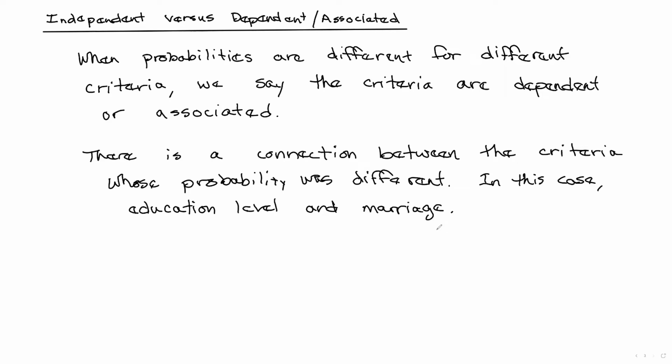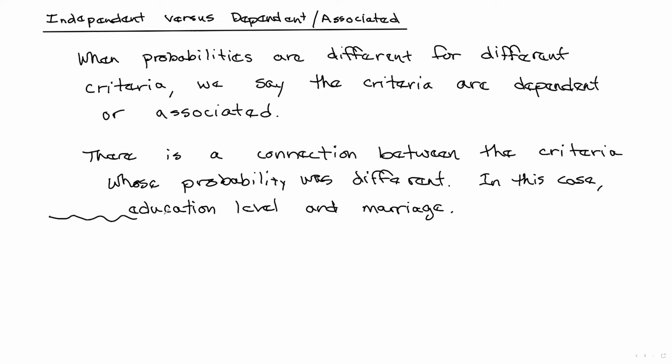Have you ever seen one of those tables? Those tables are saying there is a connection between your education level and your income level. And so in that case, we would say that those things are dependent or associated. All right, so that's the terminology we use when we have that situation.